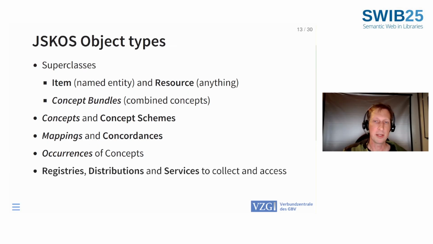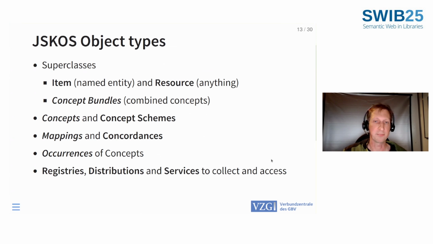And we have object types called registries, distribution, and services. This roughly mapped to a DCAT ontology. These are used to store the information where something can be queried or downloaded. For instance, whether there is a file to get an OWL file to get an ontology, or whether there's an API to query some terminology via a specific kind of API, like SKOS API.